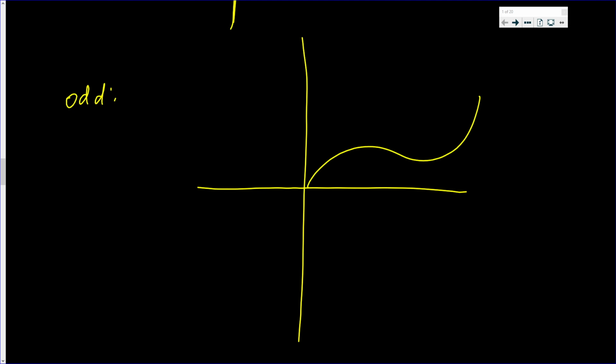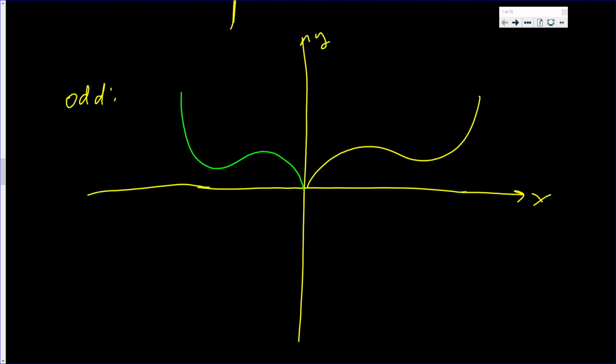First, if I reflect this graph across the y-axis, I would get something that I would be comfortable in saying it's that. And then this green function, I reflect across the x-axis.